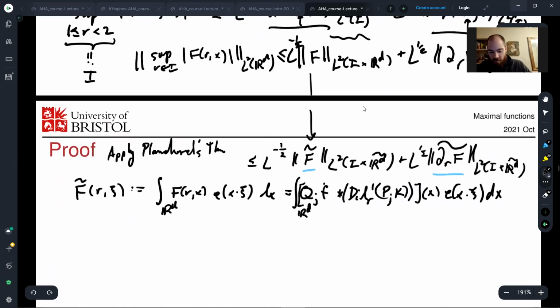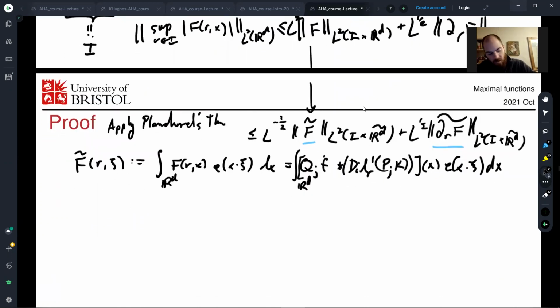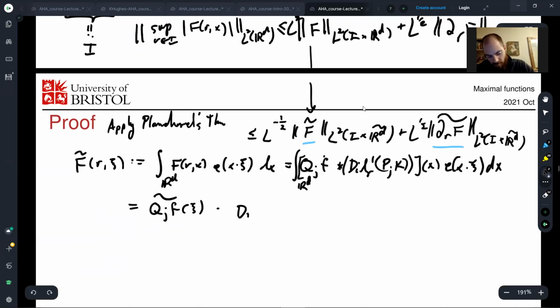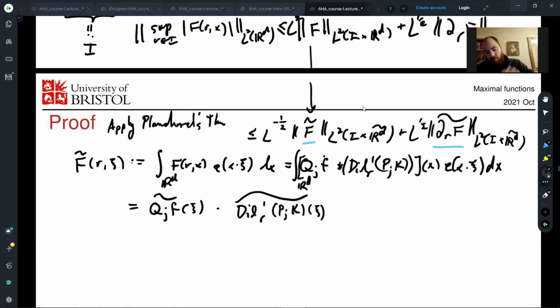And so when I do the Fourier transform, it turns convolution into multiplication. And so we just get the Fourier transform of Q_j f at xi, times the usual multiplication, the Fourier transform of this dilated projected kernel.